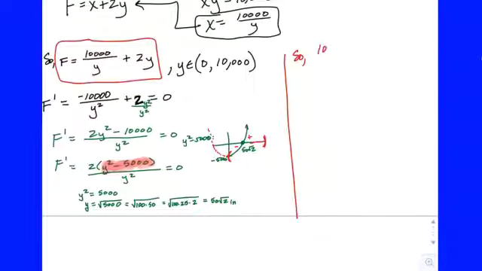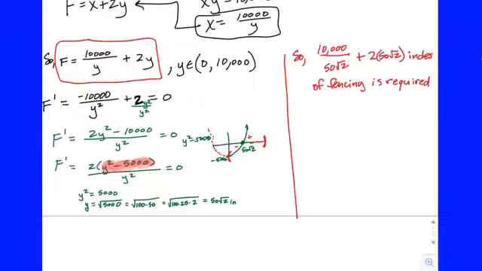So 10,000 all over 50 square root of 2 plus 2 times 50 square root of 2 inches of fencing is required, or at least that much is required.